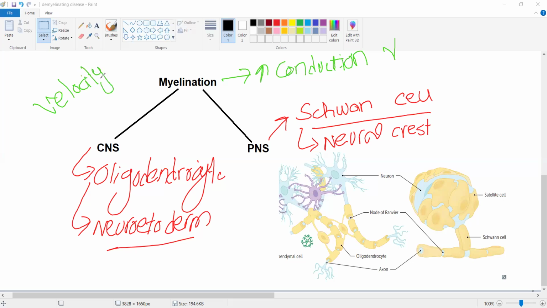Velocity is equal to length divided by time. Myelination decreases the time constant. This is again a high yield point.